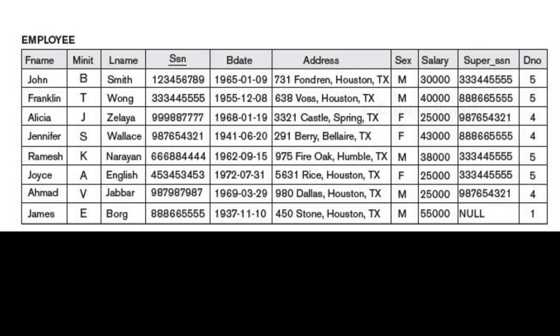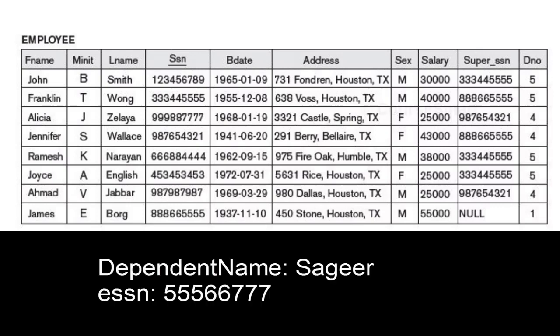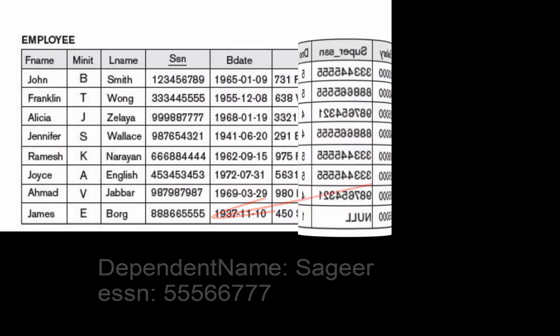What if we were going to add a dependent named Sajir and the employee's social security number is 555-66-7777? As you can see, there isn't an employee in the employee table with that social security number. Therefore, we can't add a dependent with that employee social security number. If we did, the dependent would not have any employee to point to, right? And that would break the referential integrity.